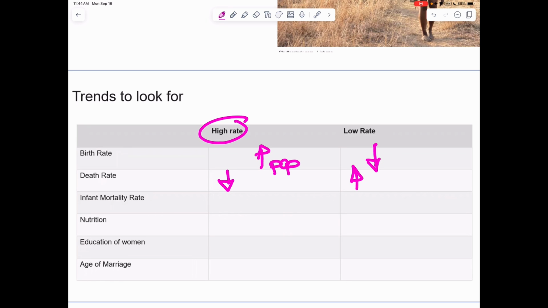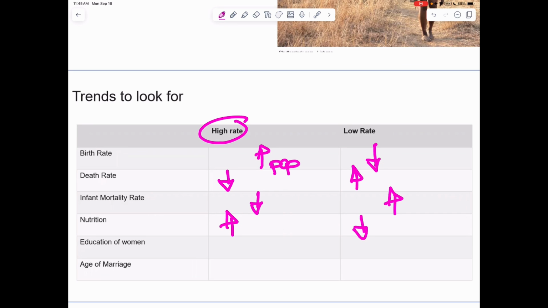If the rate of infant mortality is high, that means we've got infants dying between the years of 0 and 5. If that is at a high rate, it's going to decrease our population. If it's at a low rate, it will increase the population. Nutrition, very self-explanatory. If nutrition is at a high rate, we're going to increase. Low rate, we're going to decrease.